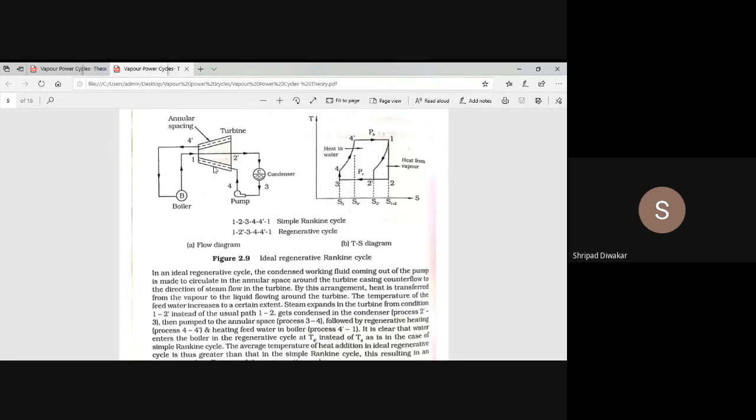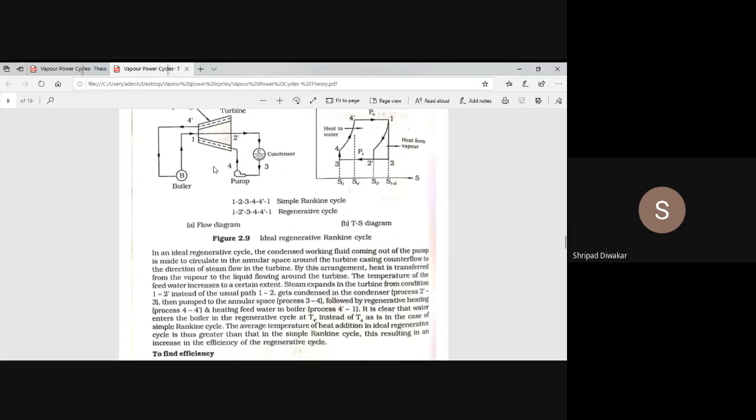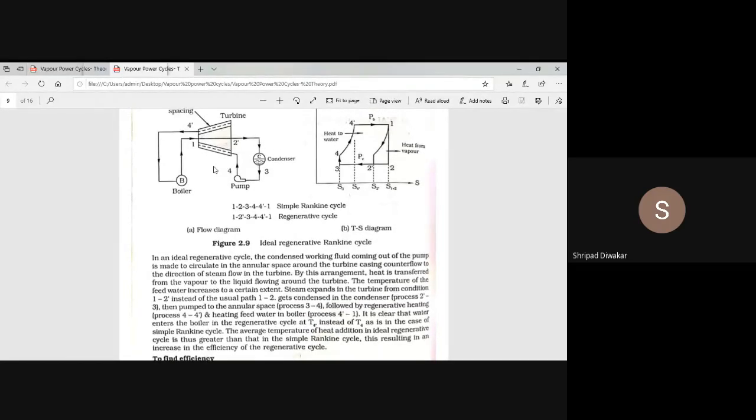As I said, in the turbine the expansion takes place and the steam flows. It contains high temperature, so heat from the steam is transferred to the water circulating around the annular spacing. So heat exchange takes place. Instead of circulating directly from the pump to the boiler, it first enters the annular spacing.